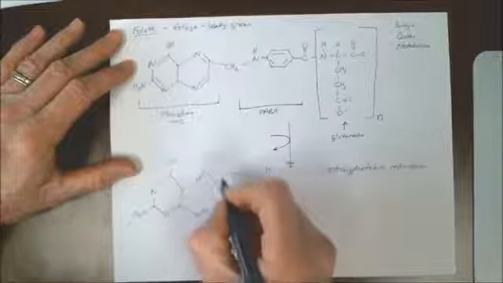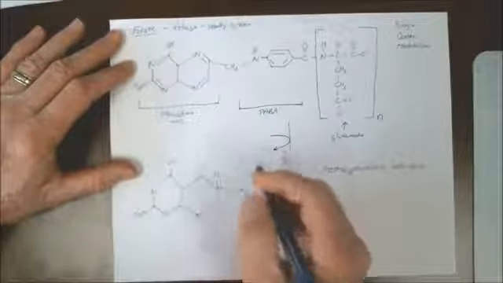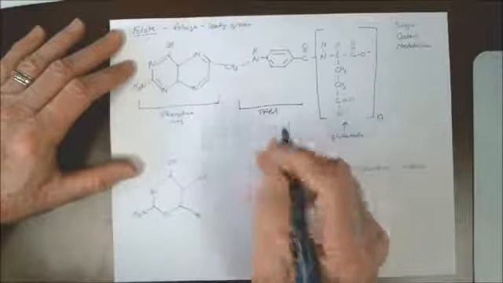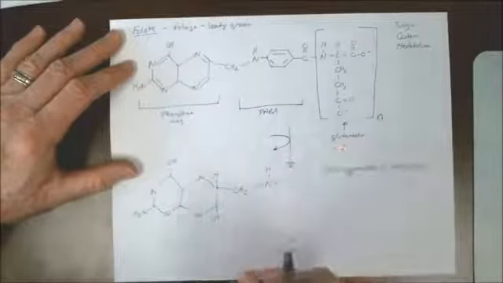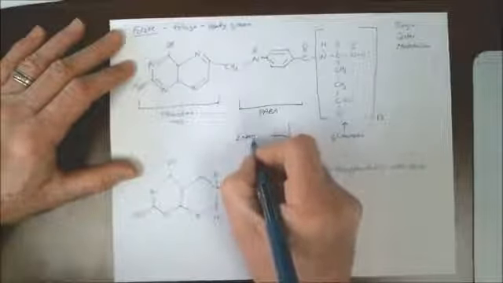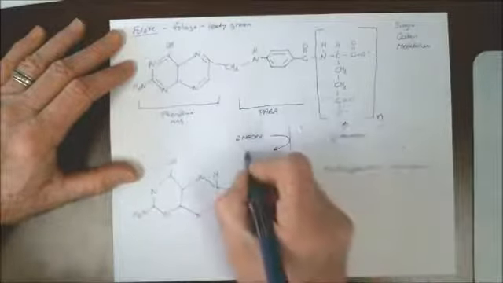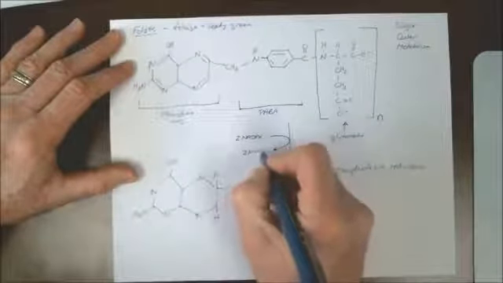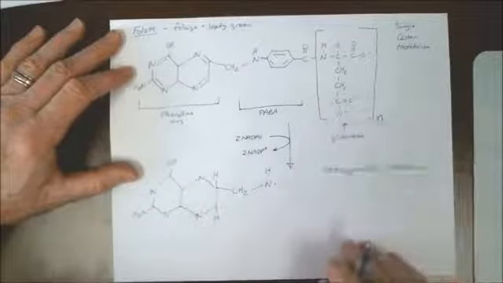So we are going to put a hydrogen here, and we are going to put a hydrogen here in two successive reactions. This is not going to use NADH, but rather this is going to use 2 NADPH. So we're going to use our biosynthetic reducing power for this reaction.